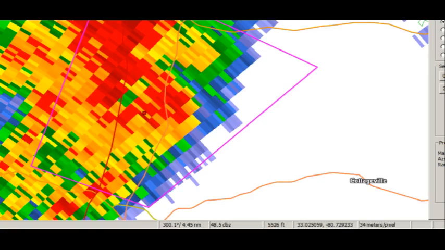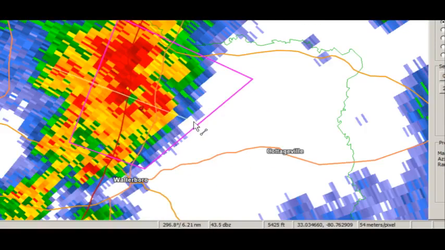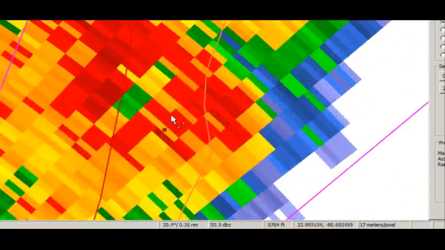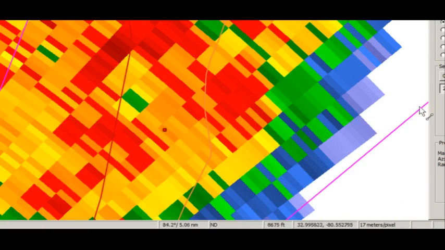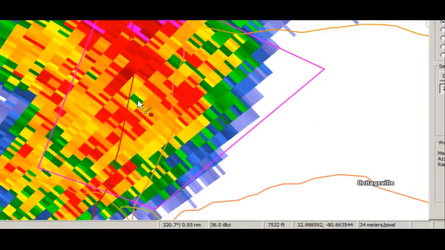That's kind of a first there for GR Level 2. Maybe I didn't pay my GR Level 2 bill today. But anyway, there it is right there. You can see the BWER at the higher levels, and this is going to be up at about 7,500 feet.